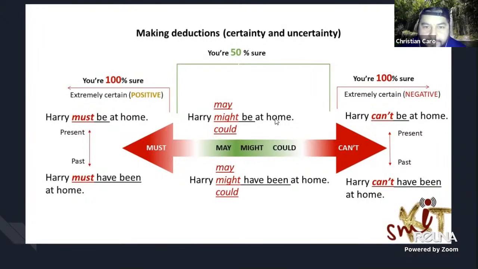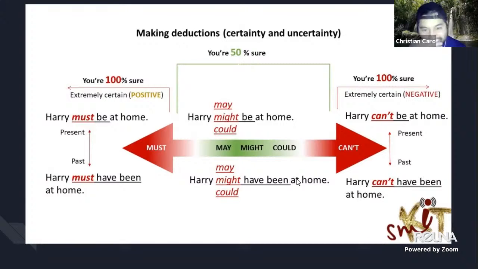Now, when you are not really sure, like 50% sure, we use may, might, could in the present. Like Harry may be at home, might be at home, and could be at home. And the past is Harry may have been, might have been, and could have been. Right?